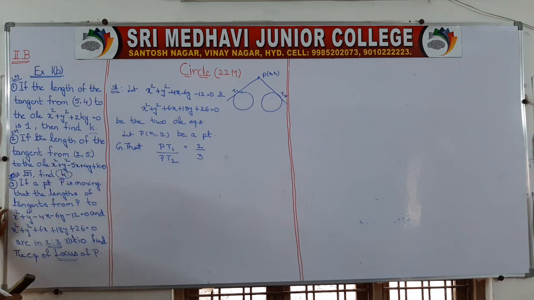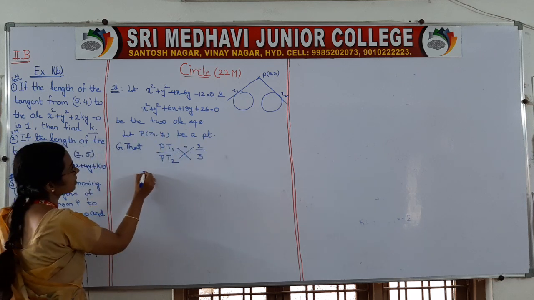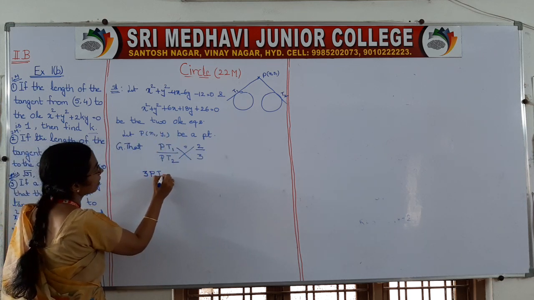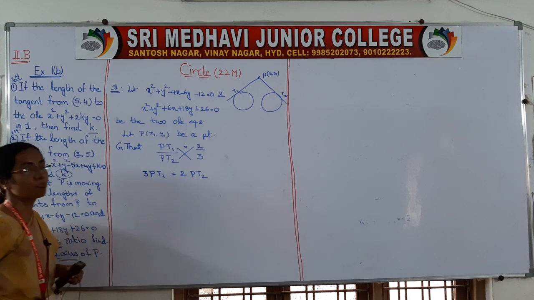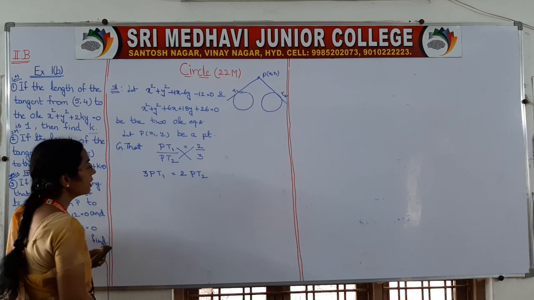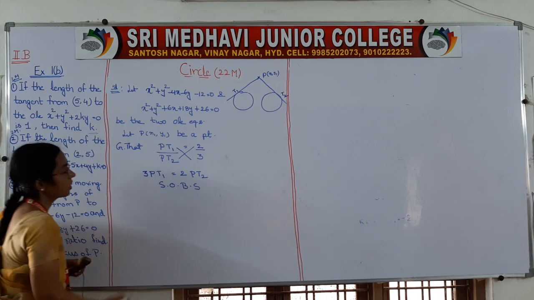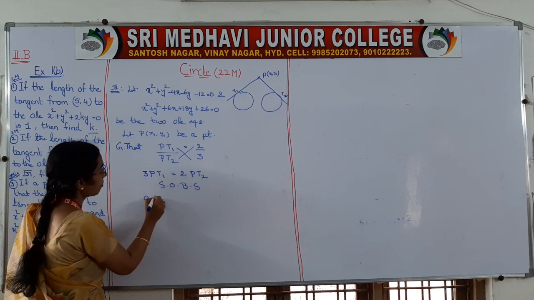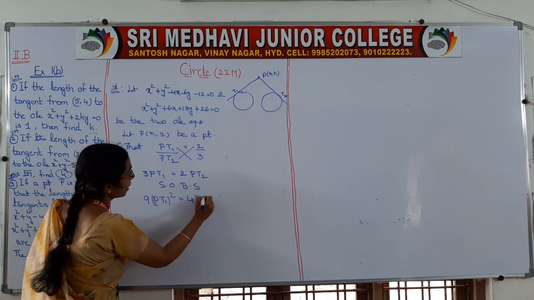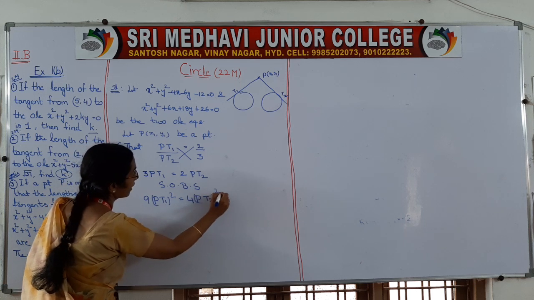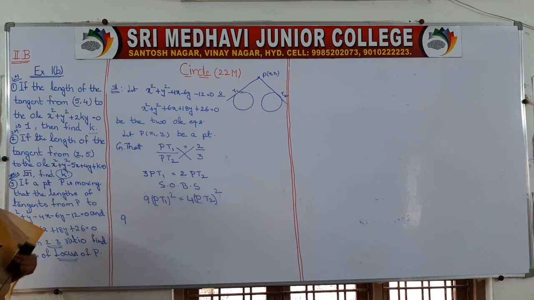Right girls? Okay, so now cross multiplication. So it is 3PT1 is equal to 2PT2. Right. So squaring on both sides, what happens? 9PT1 square is equal to 4PT2 square. 9 into, what is PT1?